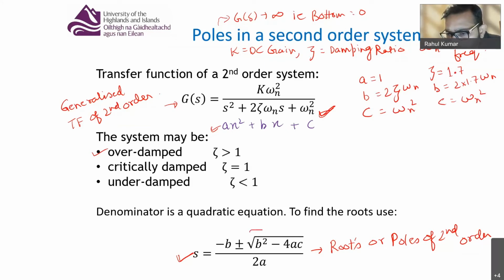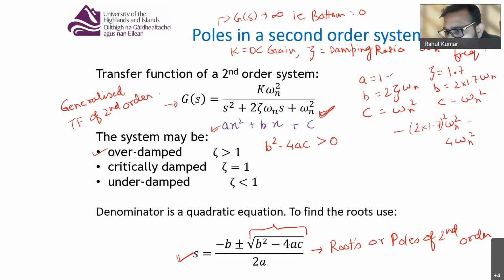Now I am only focusing on this part of the formula: b square minus 4ac. This will be greater than 0. If you look at the equation, b square will be 2 multiplied by 1.7 omega n, and this whole thing squared, minus 4ac. So a is 1 and c is omega n square.